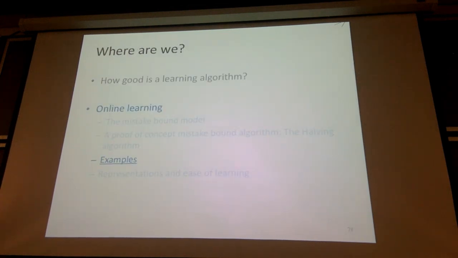So all I showed so far is that there is a proof of concept algorithm, Con, that makes order of the size of the concept class number of mistakes, and halving makes order of the log of size of the concept class number of mistakes.